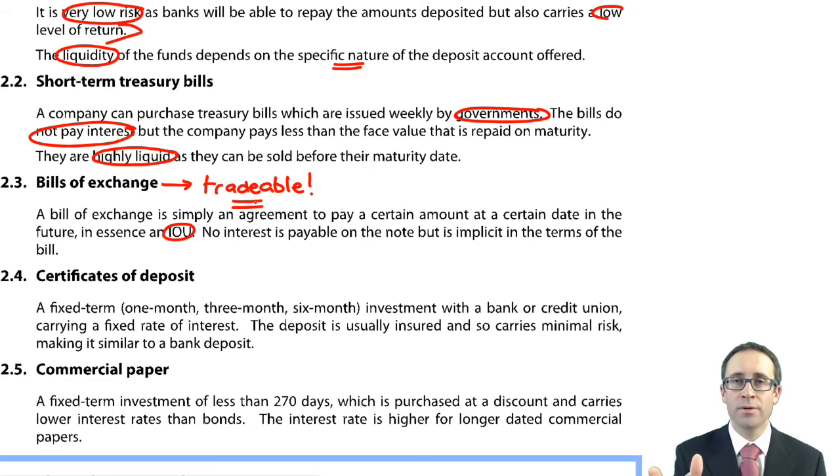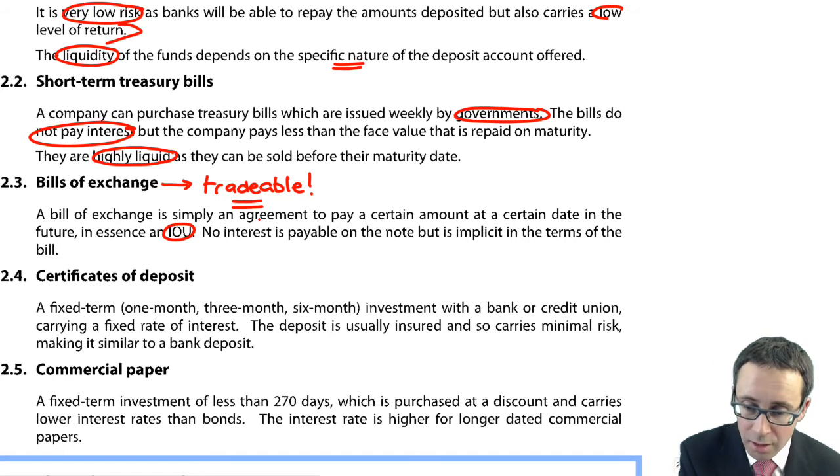There may be an IOU between company X and company Y. What you can do is buy that bill of exchange from the company, and what will happen is that you invest that money and then you will collect it off somebody else. Okay, so if company X is expecting to receive the cash, you will deposit the cash with company X and then you will expect to receive it from company Y. Okay, again, there is no interest upon it.